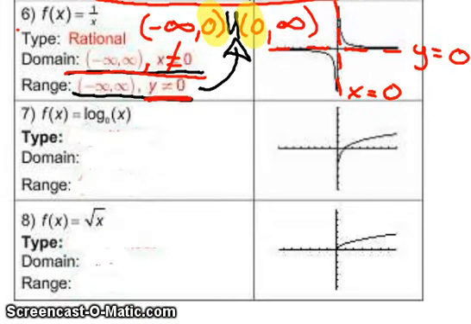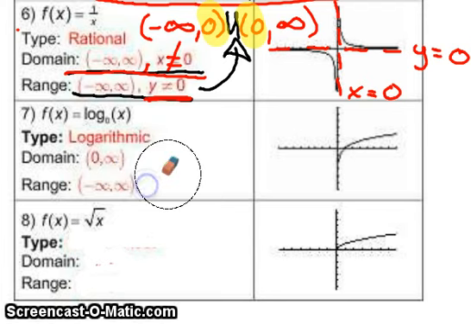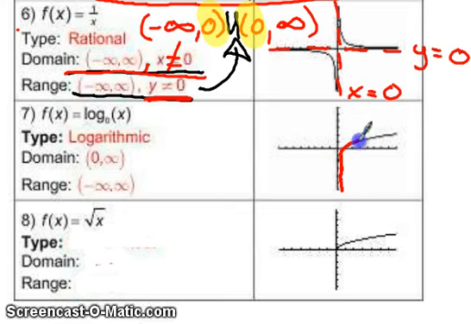Now our next function is the logarithm function. The function is given by log base b of x. You might notice on our graph we're coming right up next to the x-axis and then it curves up. This graph will pass through a point that we should be able to recognize, which is 1, 0.